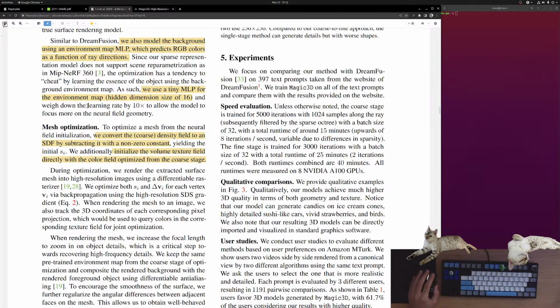Okay, so this is how they're going from the output of the coarse step, where you get the Nerf, into what they're going to start with in the fine step. Render the extracted surface mesh into high resolution images using a differentiable rasterizer.